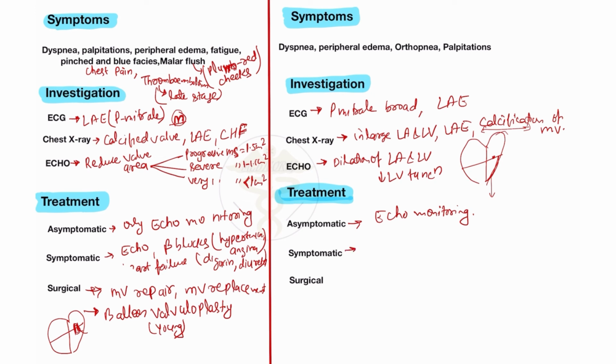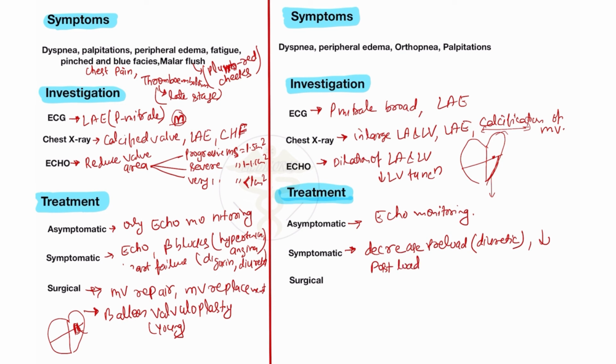When the patient is symptomatic, then first of all we decrease preload, because I already told you that mitral regurgitation mostly occurs by mitral valve prolapse. We will provide diuretics to decrease the preload, and also decrease the postload, the afterload of the heart.